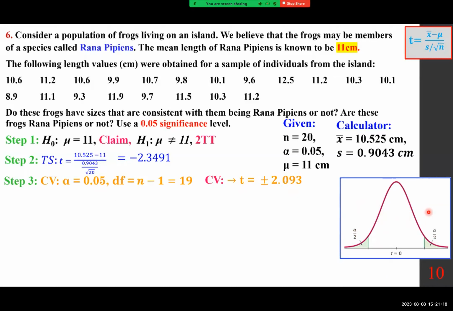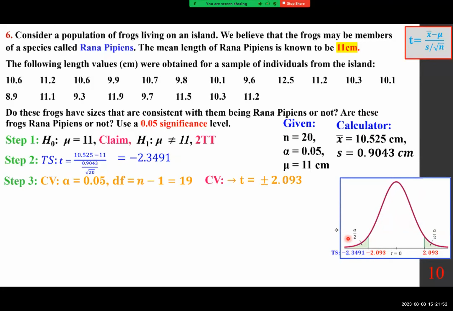Now let's write the location for the critical value: negative 2.093 and positive 2.093. Compared to that, this number is somewhere in between or somewhere in the tails. This number is less than negative 2.093. The test statistic is in the left tail.